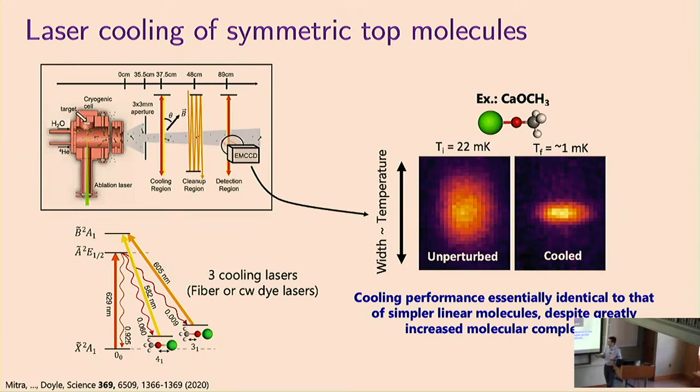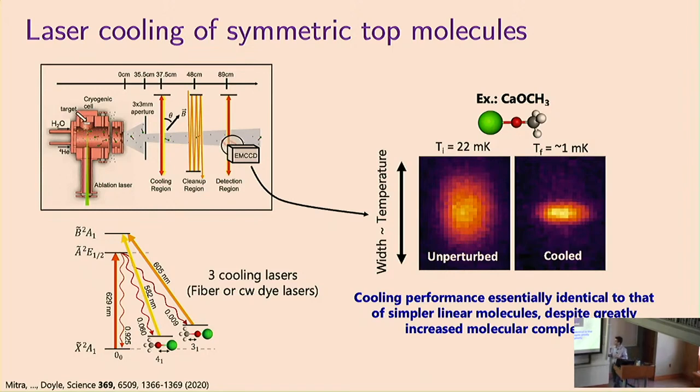And using just 3 lasers, we were able to see a really nice compression in the spatial distribution of this molecular beam, which, because the molecules are flying and expanding, corresponded to a decrease in temperature to just around the millikelvin or slightly below region.